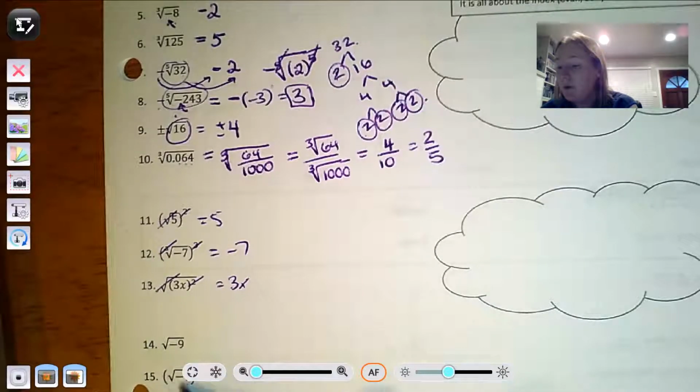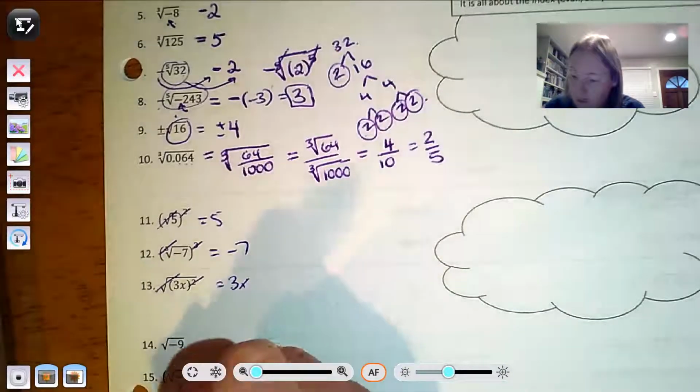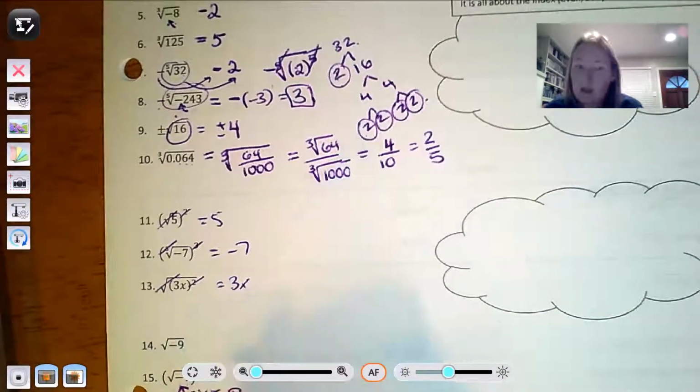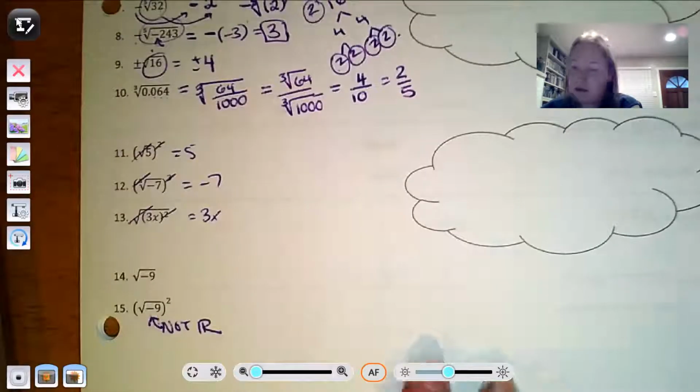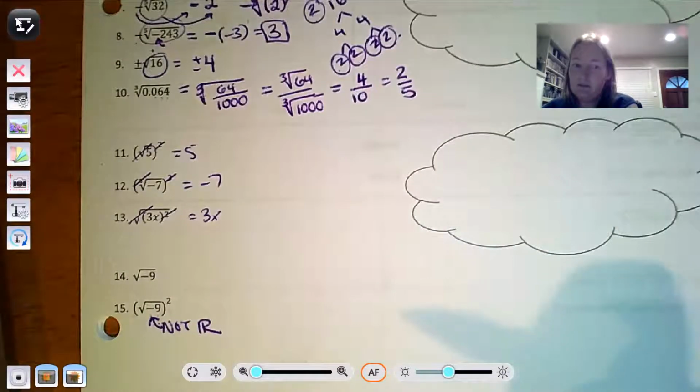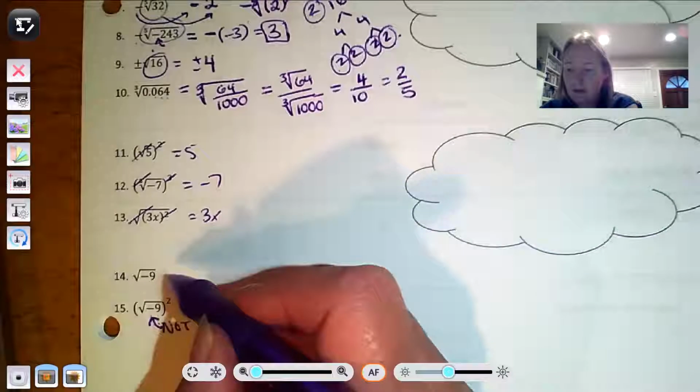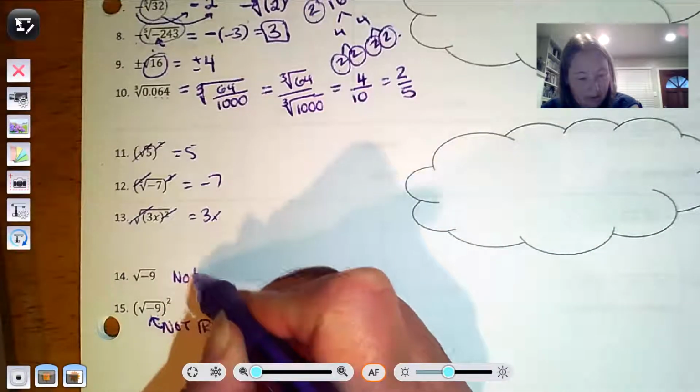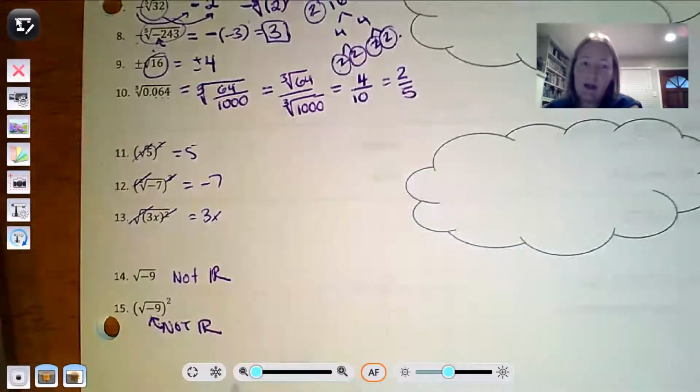It's not a real number because it's the square root of a negative. This is not real. And so then squaring something that's not real is still not going to be real. And then again, this is not real either, because you can't take a square root of a negative. Nothing times itself will give you -9.